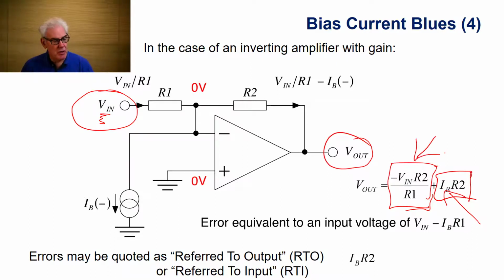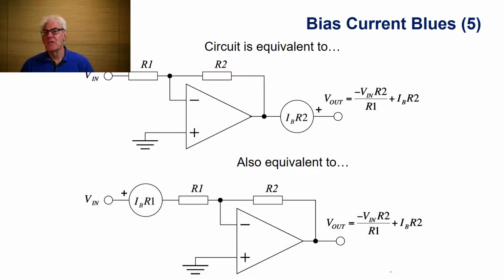This part of the equation here is the theoretical result, and this part here is the error result. But equally, we can relate that to the input and state it as an error at the input. And in this case, it would be minus IB times R1. I encourage you to go and do the analysis to prove to yourselves that these two errors are in fact exactly the same.